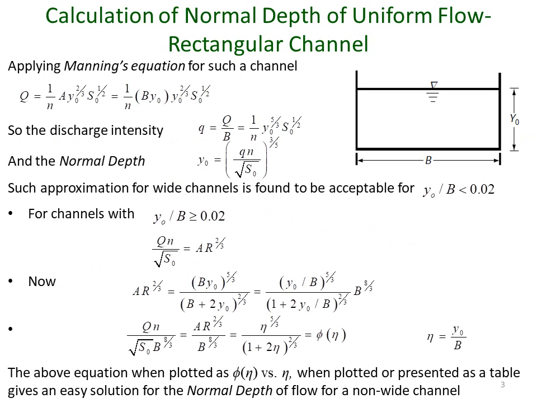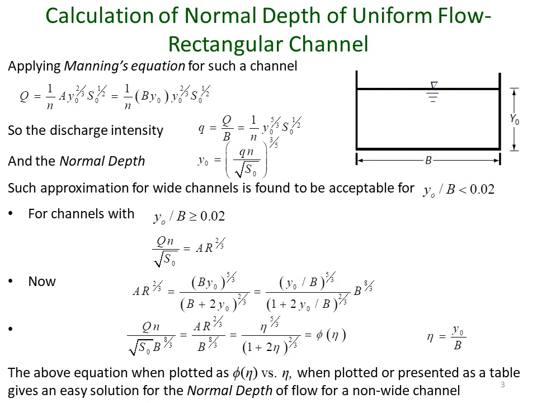So if we apply Manning's equation for such a channel, then we get capital Q equals 1 by n into capital A, where capital A is the cross section of the channel, into y naught to the power 2/3 and S naught to the power half.